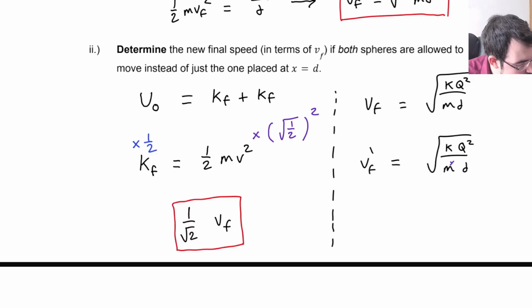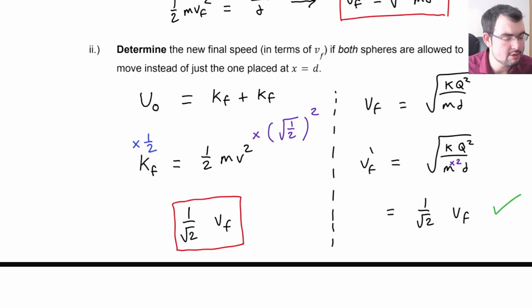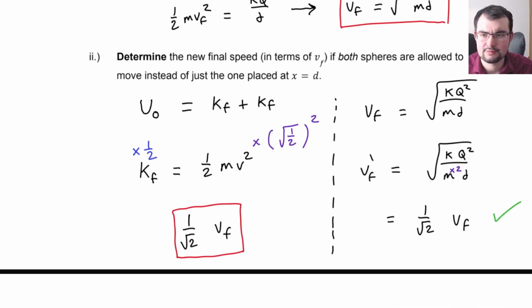So our mass got multiplied by 2, so we're essentially dividing by 2 under a square root, so we get 1 over root 2 times the original. So that's kind of a sneaky way of doing it, is seeing that the mass is essentially doubling, which is accounted for here, where we see that our kinetic energy is getting halved, is what it usually was.